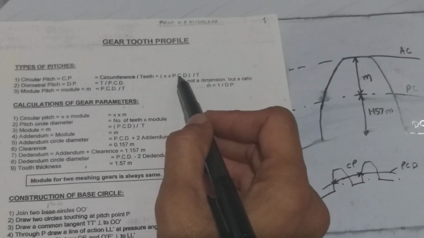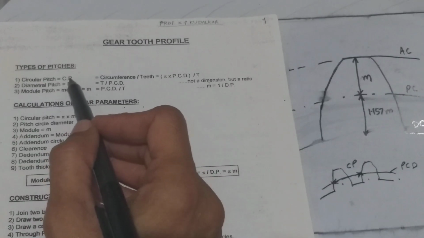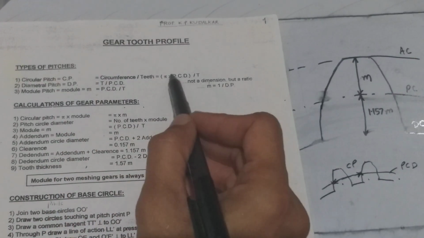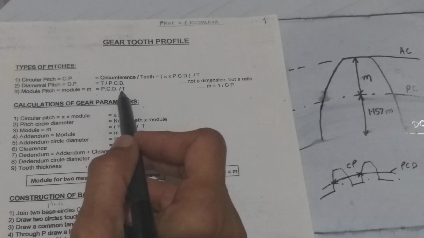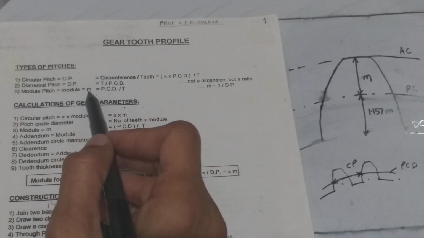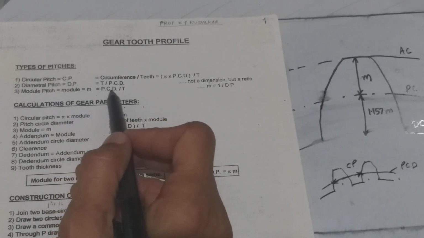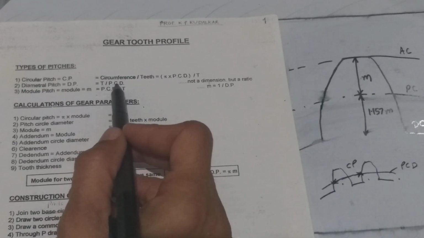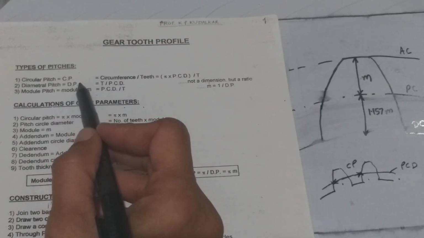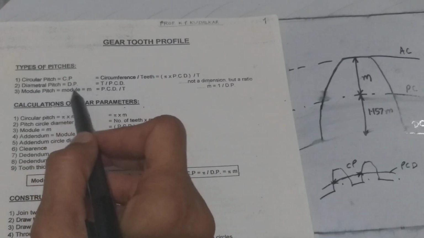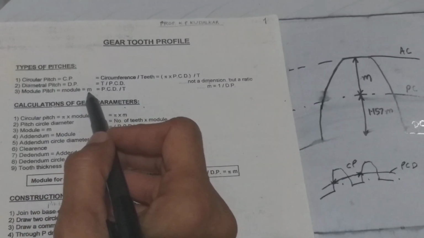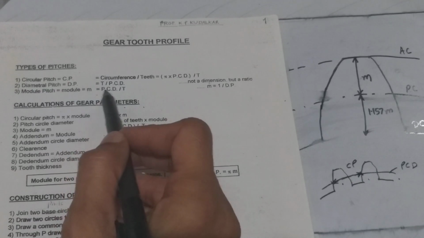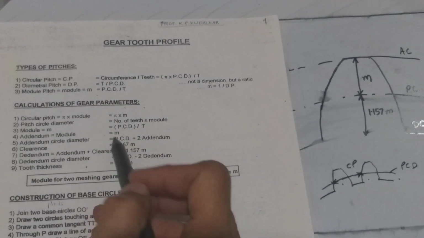So pi into M is circular pitch, where M is PCD by T. And the diametral pitch is 1 upon M. If you take the reciprocal of this, you get T upon PCD, which makes it diametral pitch. This is how you can remember all the three types of pitches. Out of that, this module M is of certain use, which we will see as we go ahead.